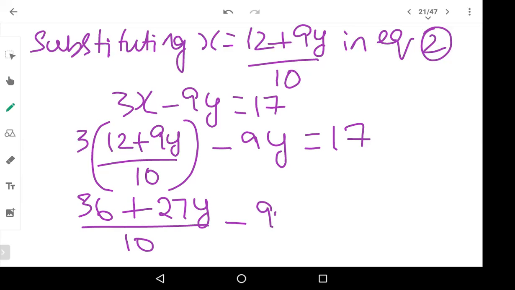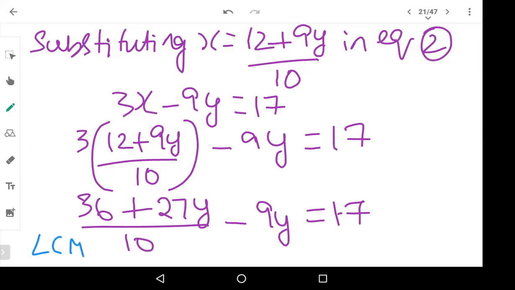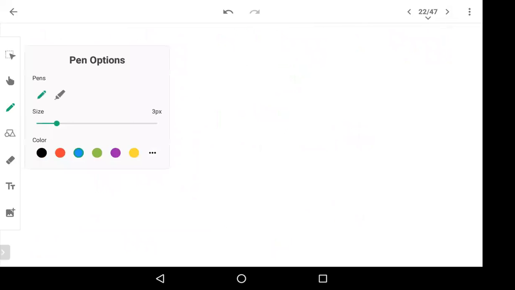Minus 9y is equal to 17. Fine. Now what am I supposed to find out? I have to do the LCM for 10 and 1. So if I do the LCM for 10 and 1, I'm going to get the LCM as 10 only. For whole division, it is 10 only.